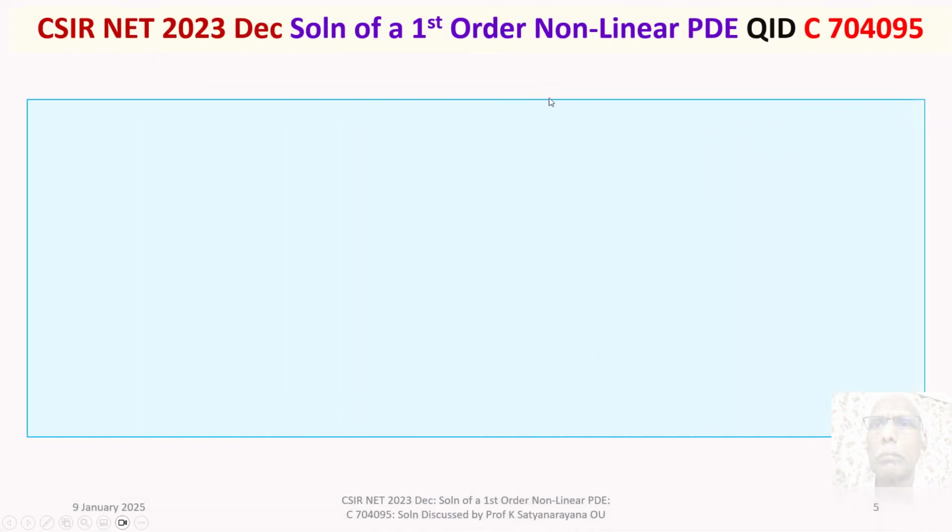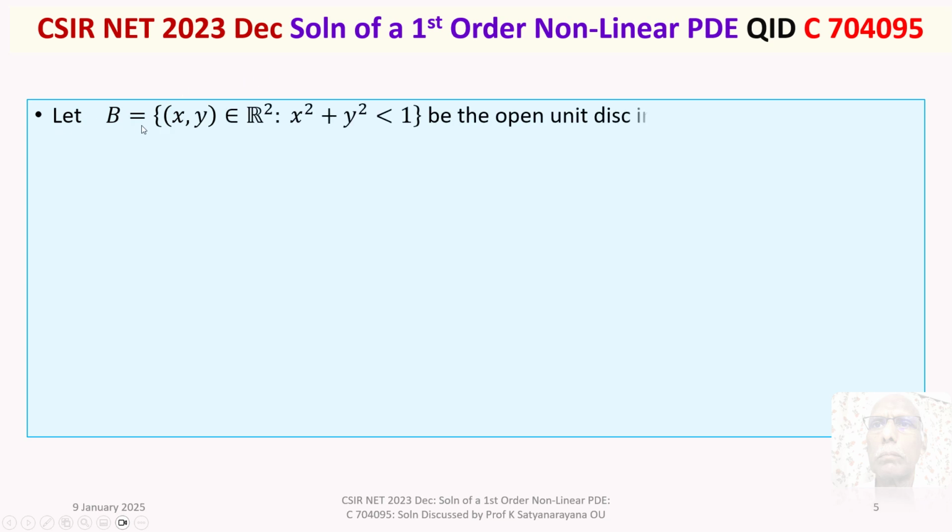Right. The given question is, let B be the set of ordered pairs (x, y) belonging to R square such that x square plus y square is less than 1, the open unit disk in R square.